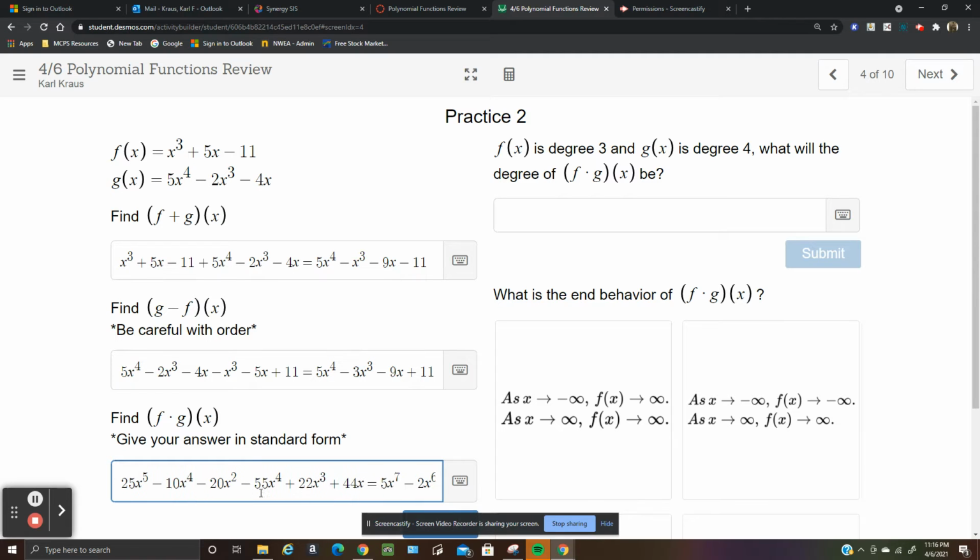And that's the only term with x to the fifth in it. The x to the fourth term is negative 55, minus 10 is 65, minus 4 is 69. And then the x cubed term is 22x cubed. And that's the only x cubed term.